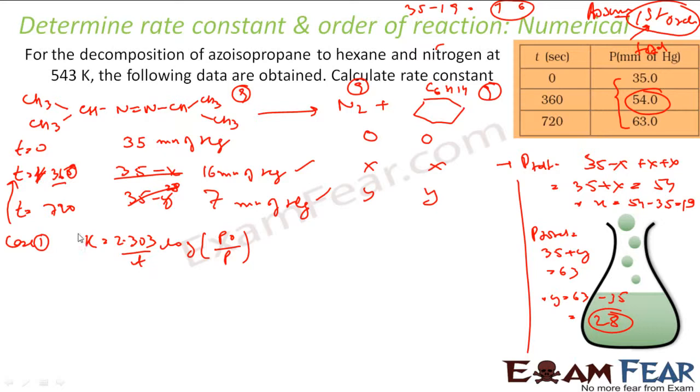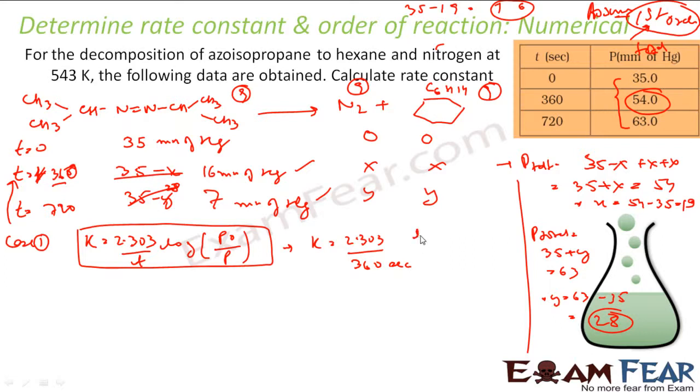For case 1, K will come out to be 2.303 by T, T was 360 seconds, log of initial pressure was 35, final pressure is 16 mm of Hg. Anyway, that will get cancelled. You solve this, the value you get is 2.17 into 10 to the power minus 3 per second.